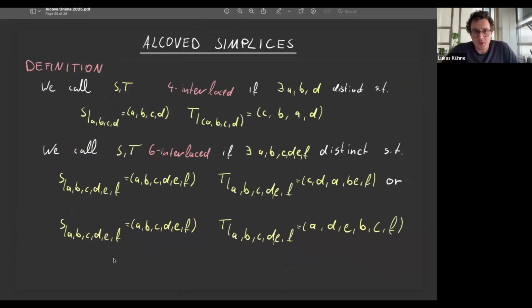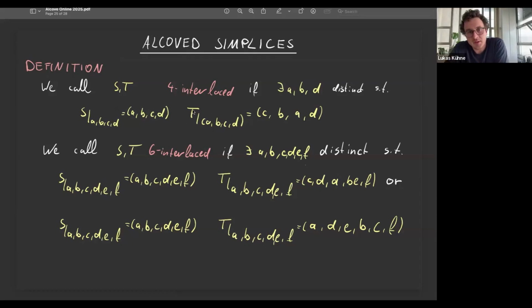This motivates the following definition. We say that two of these ordered set partitions are 4-interlaced if exactly what we saw in the last example happens, namely if we find indices A, B, C, D which are distinct, and if I restrict my first partition to A, B, C, D, it looks like A, B, C, D, like the 1, 2, 3, 4 we saw in the previous example.